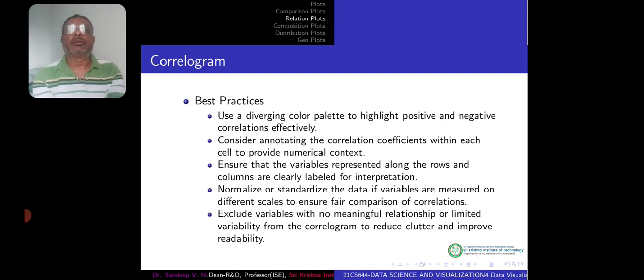What information we are trying to convey will be simplified, so it becomes easier for us to convey as we reduce this clutter. Unnecessary things we don't dump onto the plot. So we need to ensure no redundant relationships are used in our correlograms.